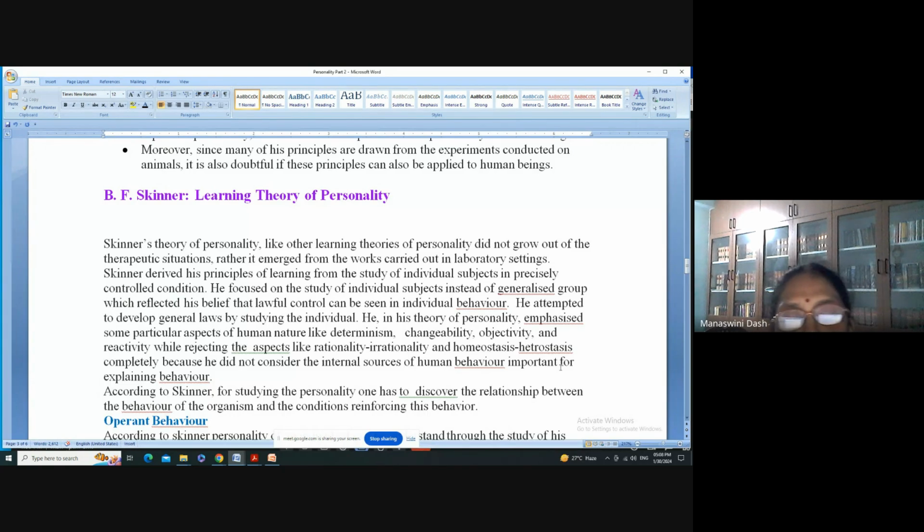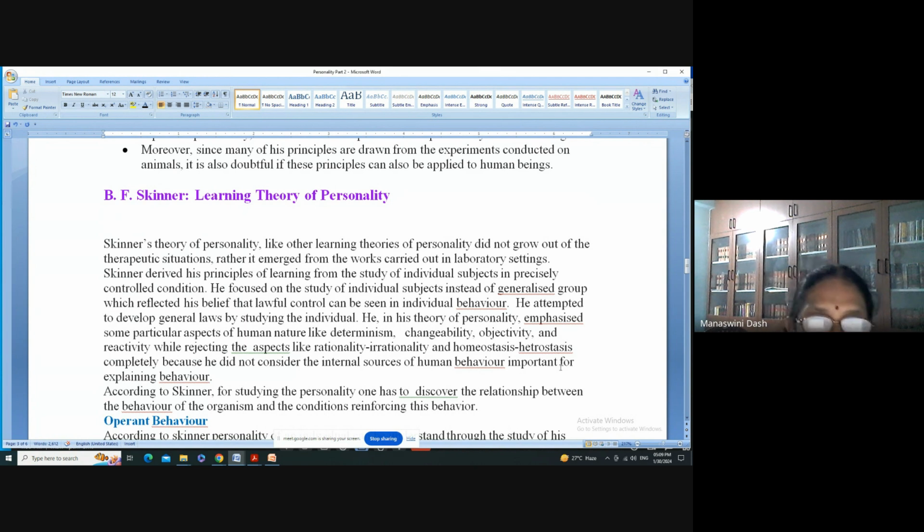He focused on the study of individual subjects instead of generalized groups because he believed that individual behavior can be controlled and the effect can be seen. So he attempted to develop general laws by studying the individual.